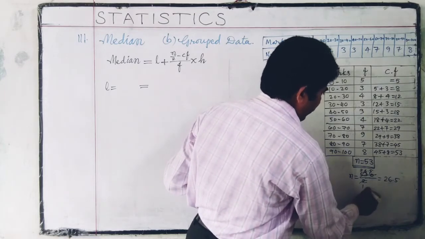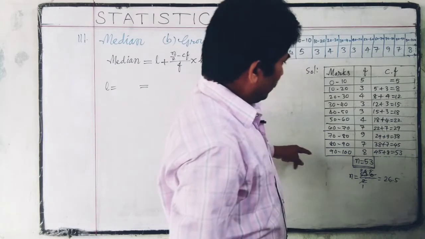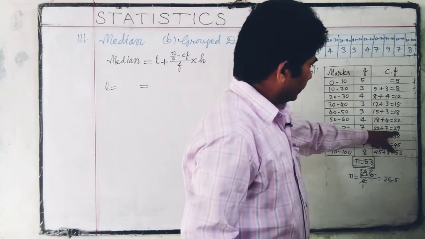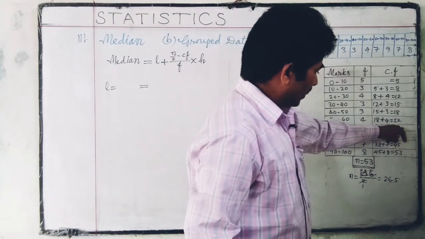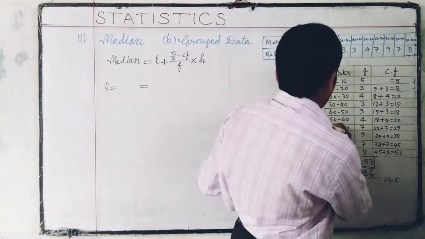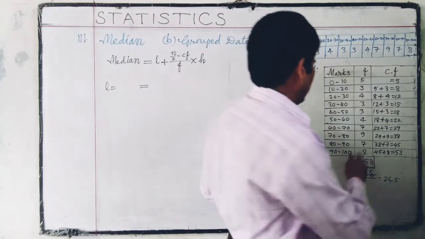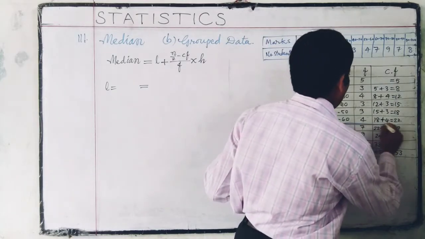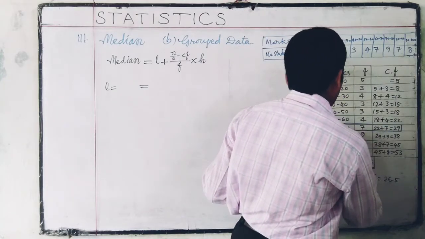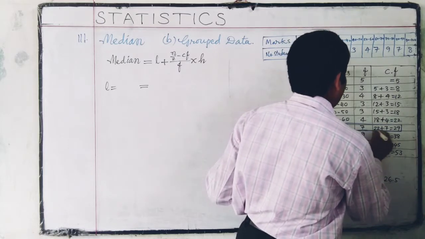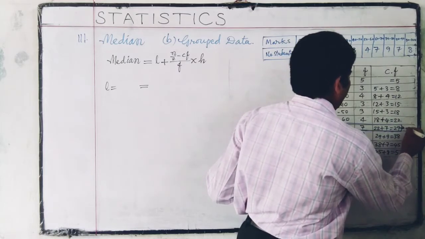So 26.5 is below 29. So this is the median class.